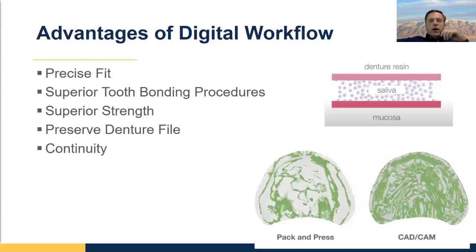The first thing we want to talk about is how dentures are retained. We think of suction, especially on the maxilla, but really what it is is a very, very intimate fit. The better adaptation we have between the passive mucosa and the denture, the more retention the denture is going to have. One of the problems with traditional processing is that acrylic resins have a curing shrinkage of 8%.